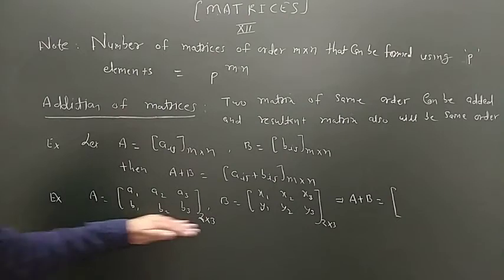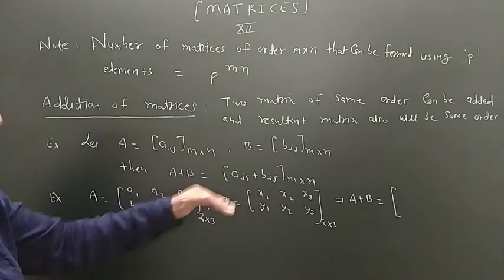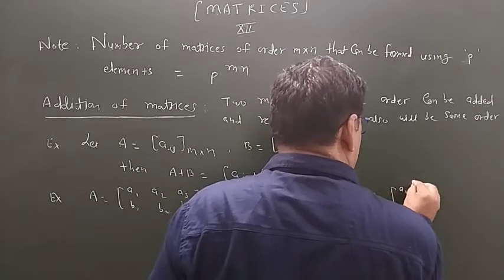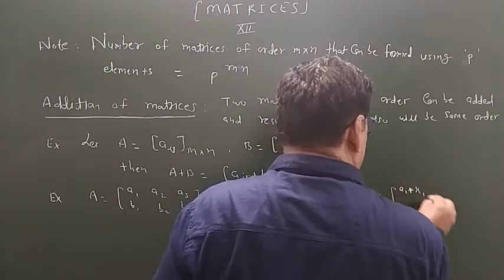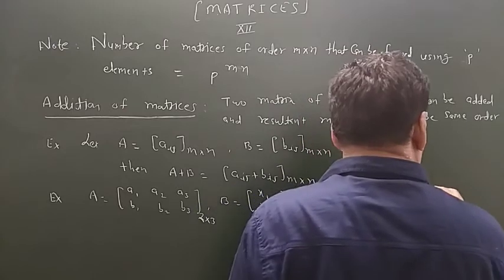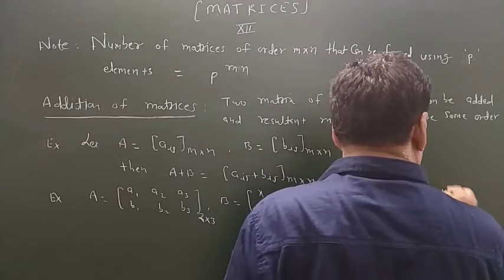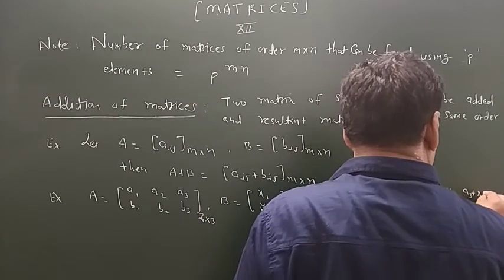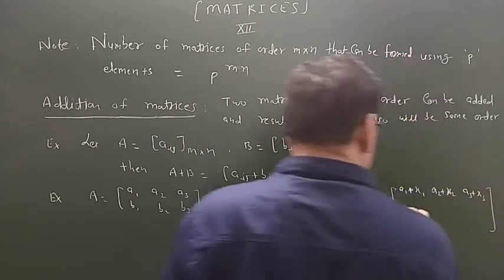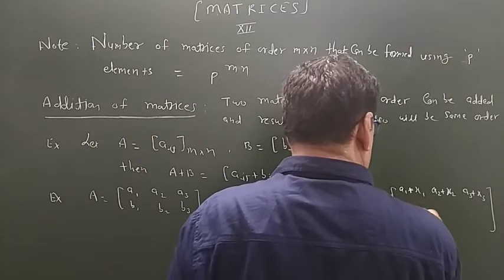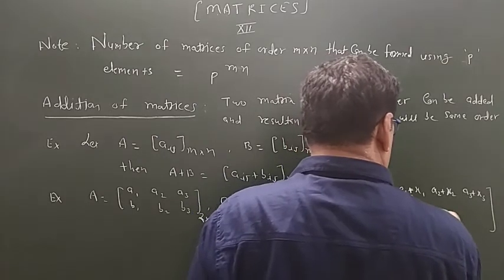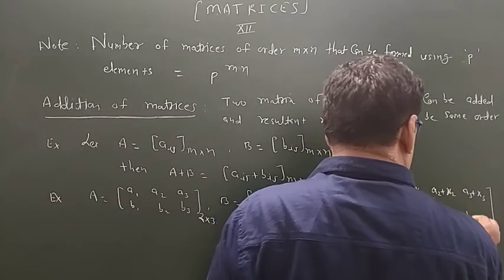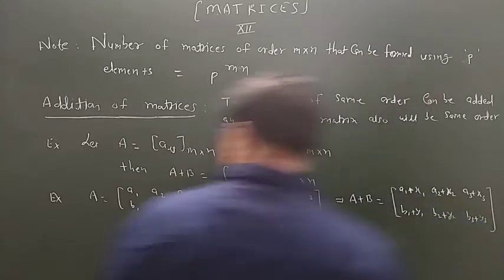When we add two matrices, the corresponding elements are added. So A1 plus X1, A2 plus X2, A3 plus X3. Similarly, B1 plus Y1, B2 plus Y2, and B3 plus Y3.